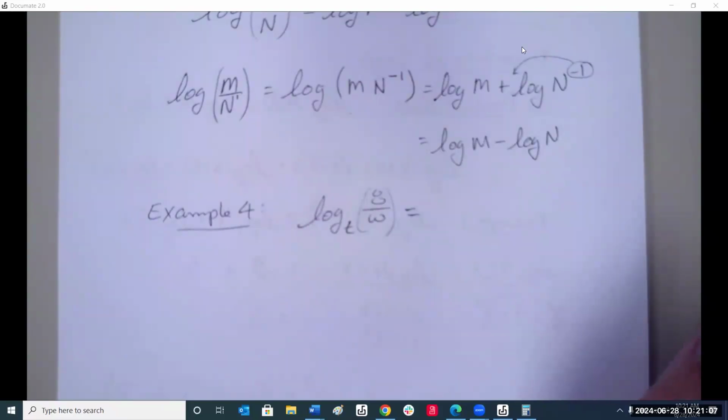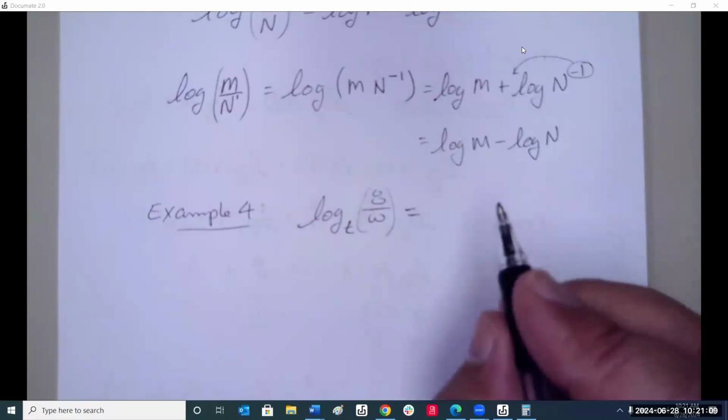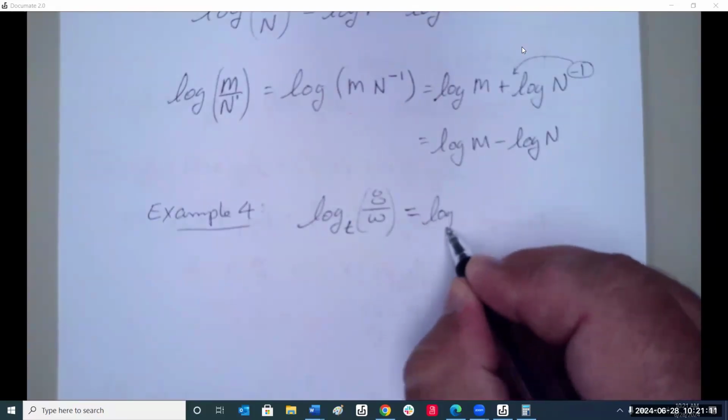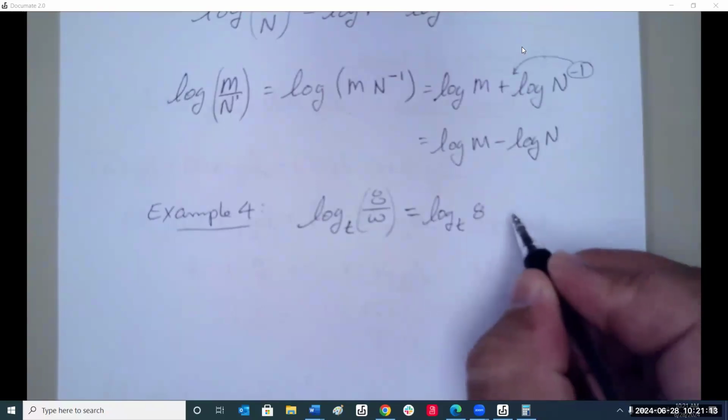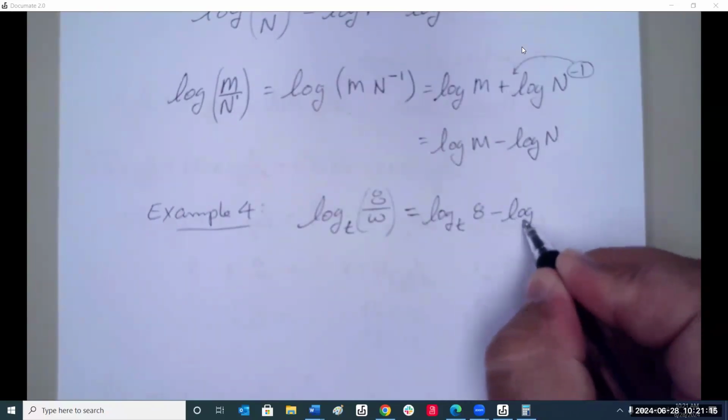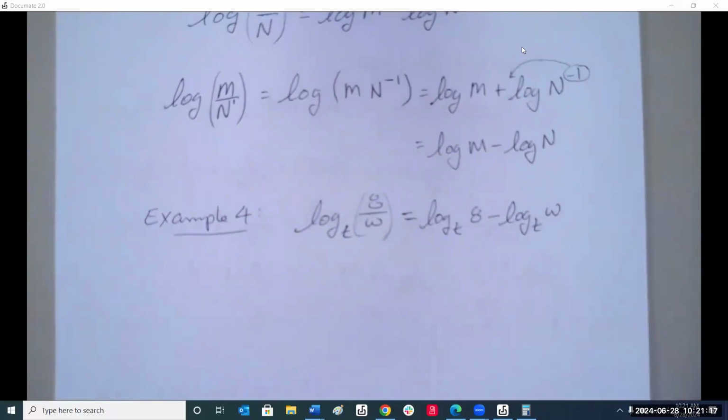Using the quotient rule. Right. That's perfect. Can you go any further?